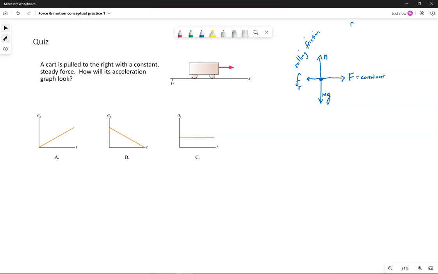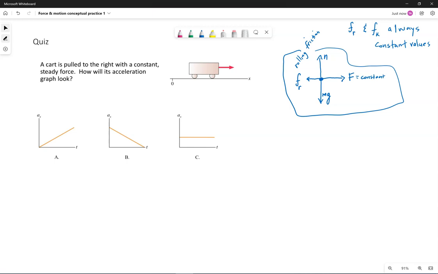Rolling friction and kinetic friction are always constant values as an object moves on another surface. Static friction we'll talk about later. It's not always constant.